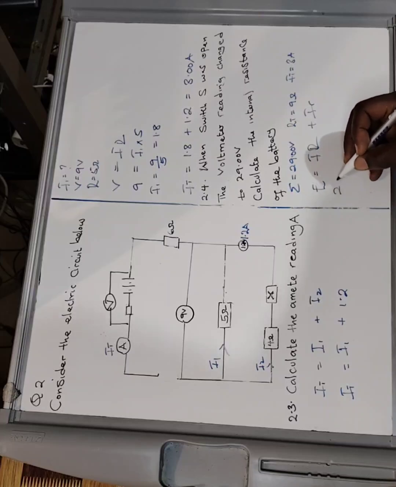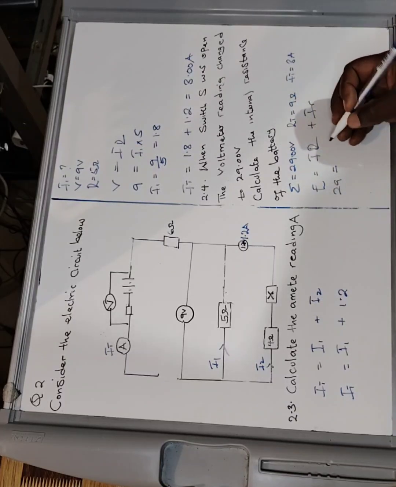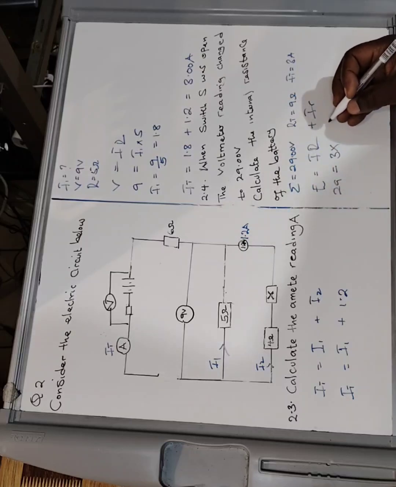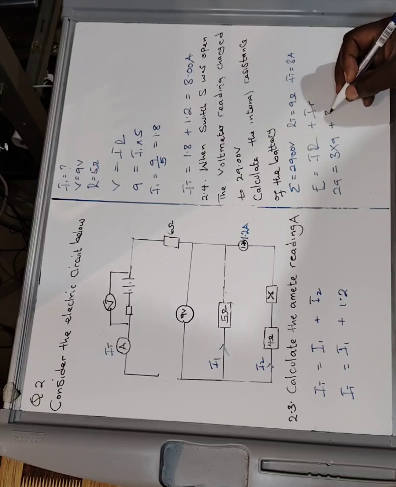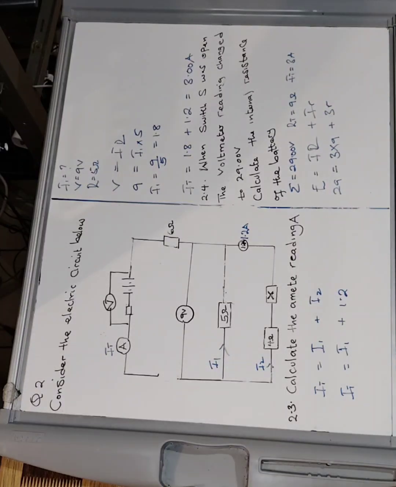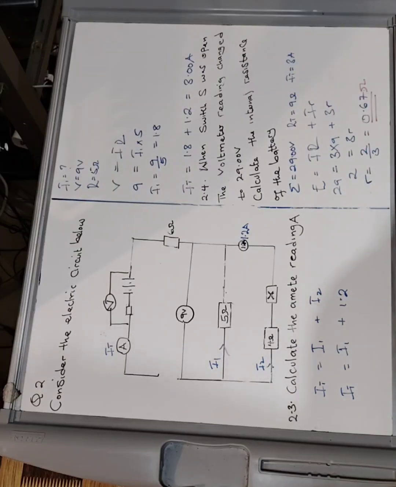So if EMF is 29, I is 3, the external resistance is 9, and 3 times the internal resistance, what you get out of that will be the internal resistance of the battery. So we have to rearrange and then press the calculator. Let us see what we get.